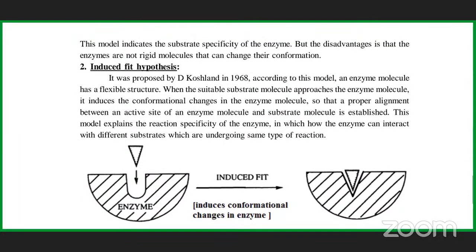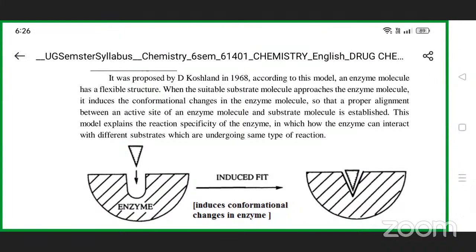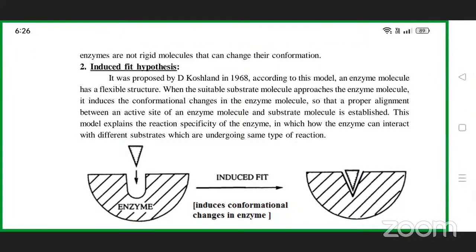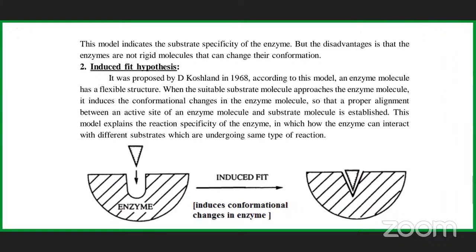The induced fit hypothesis was proposed by the scientist Koshland in 1968. And according to this model, an enzyme molecule has a flexible structure. Okay, so you can observe the difference between these two hypotheses.